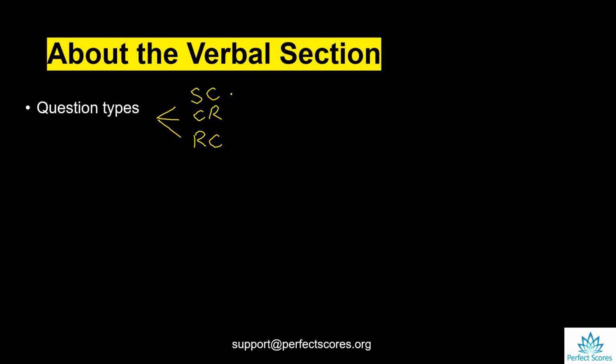In terms of distribution and the timing that you need for each question type, sentence correction is the one where you need the least amount of time, and the target time that you should be spending on each sentence correction question should be about 1 to 1.5 minutes. For critical reasoning, on an average, 1.5 minutes is enough.